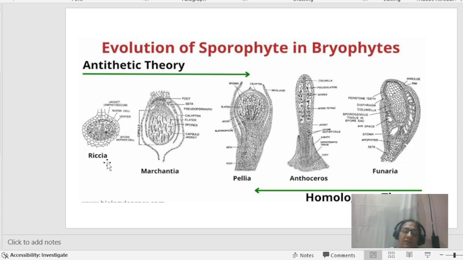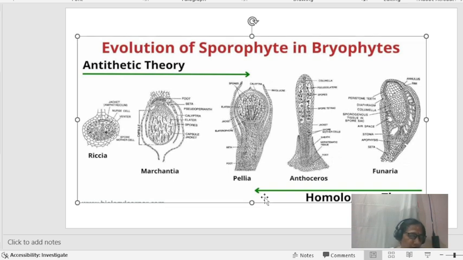And when it comes to Riccia, the foot and seta are completely reduced, and all the sporogenous tissues present within the capsule are fertile. This theory was also supported by Church, Zimmermann, Fritsch, and Wood.